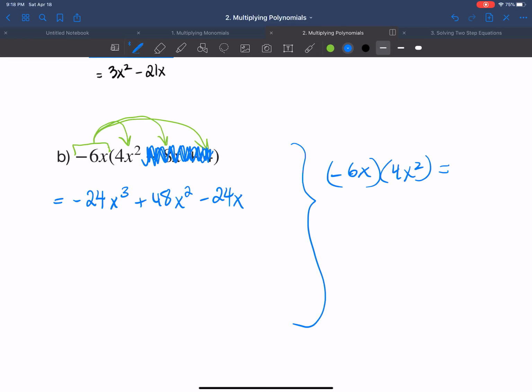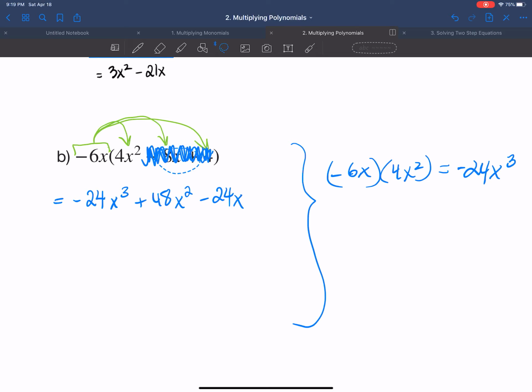So negative 6 times positive 4 is negative 24. Then I have x times x squared. So we take that imaginary one that's here, or the invisible one, that's a better word, and add it with the 2 to make x cubed. So that's the first term.